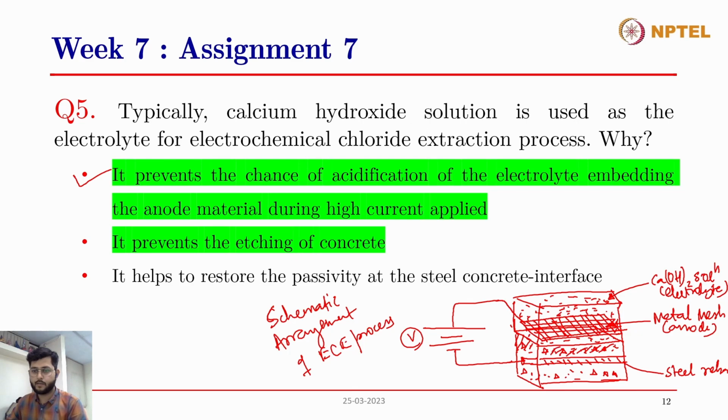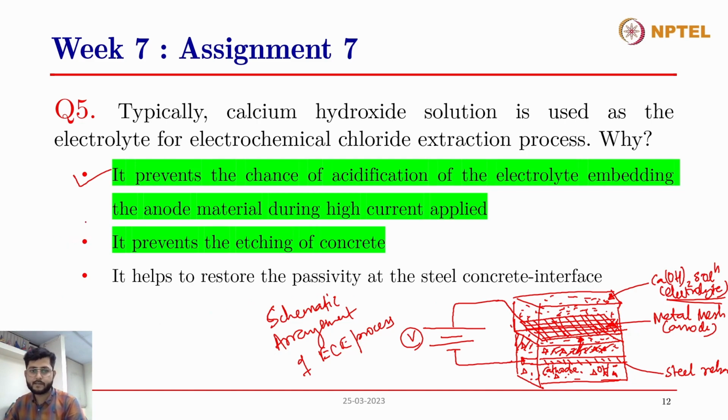This has a number of chloride ions, and due to the application of a positive voltage, positive potential at this location, these chloride ions get drawn into the electrolyte solution, while this anode gets corroded, and this is the steel rebar, which is the cathode, and hydroxyl ions get accumulated around the steel rebar, and therefore the passivity of the steel rebar is reinforced. But that will depend on the type of the electrolyte that is used.